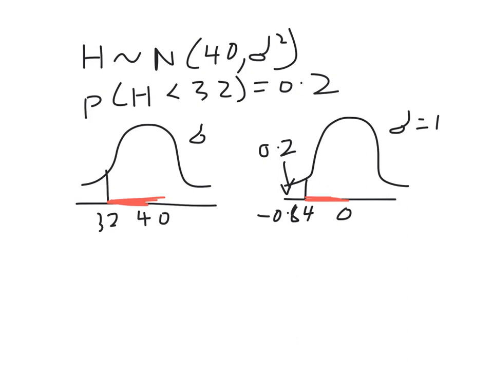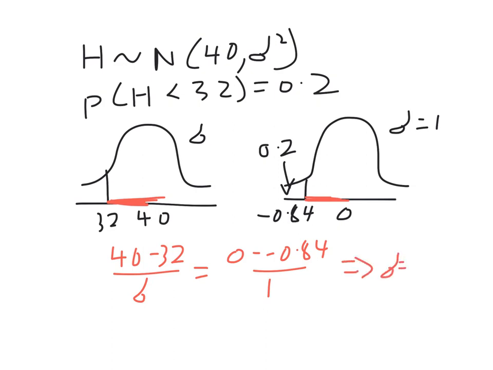So standardizing it, 40 minus 32 over sigma equals 0 minus 0.84 over 1. So from that, sigma works out to be 9.52.